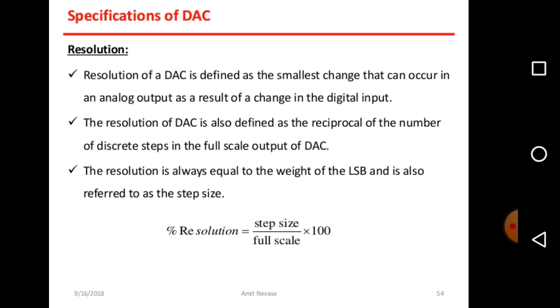The resolution of DAC is also defined as the reciprocal of the number of steps in the full scale output of DAC. The resolution is always equal to the weight of the LSB and is also referred to as the step size.